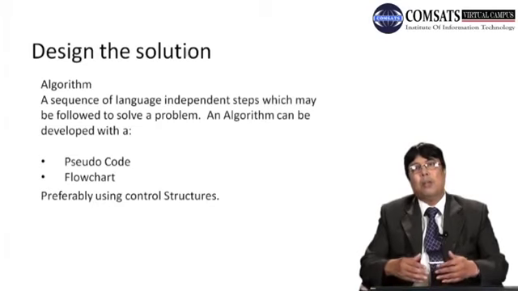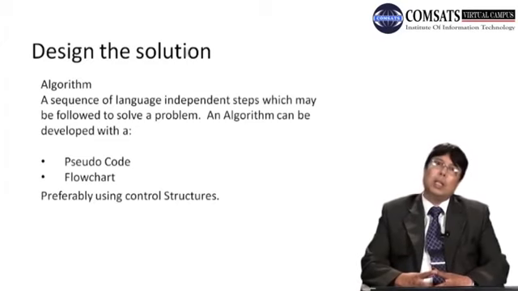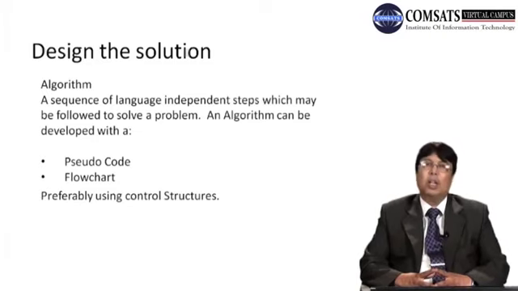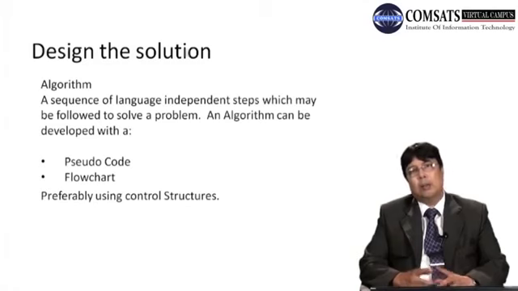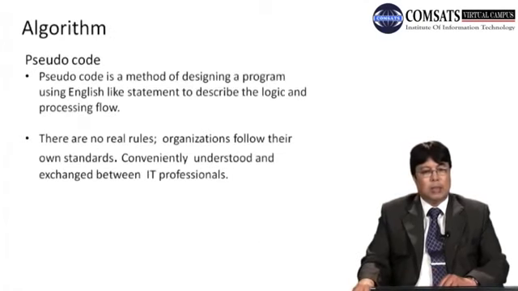Flow may be defined through flowcharts. So I said that there are two ways through which you can describe, define, develop your algorithm: number one, in pseudocode, number two, in flowcharts. Let's move further.